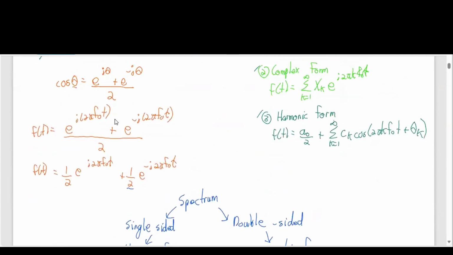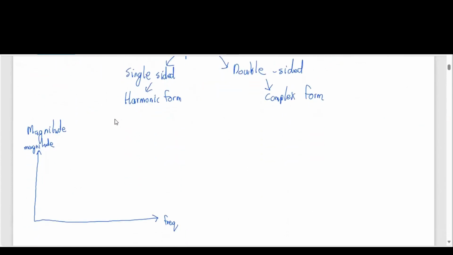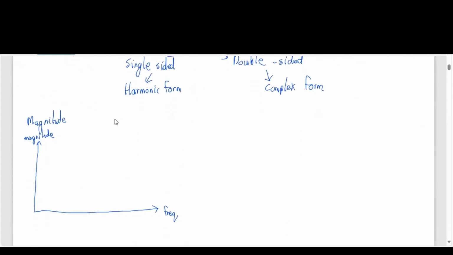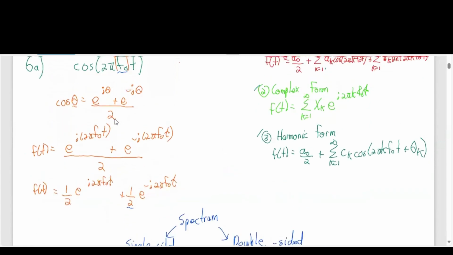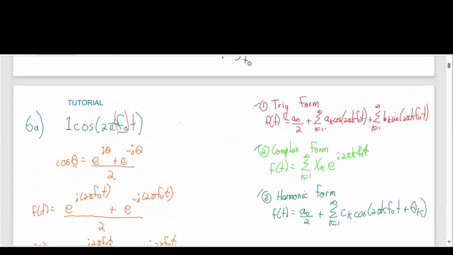So when you go back to it now, there's one F naught. F naught is called your fundamental frequency, right? So there's one F naught, and to get the actual magnitude of it, if it's in the trigonometric form, it's just the number before it. In this case, it's 1. Remember, right now, this is in the trigonometric form, so it's not in the complex form.